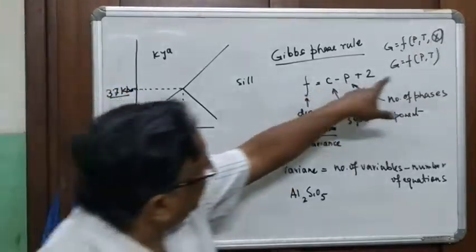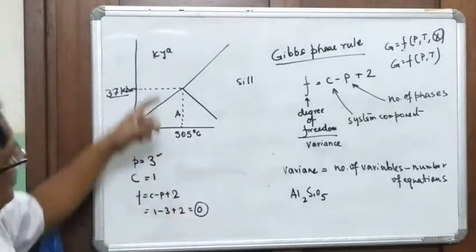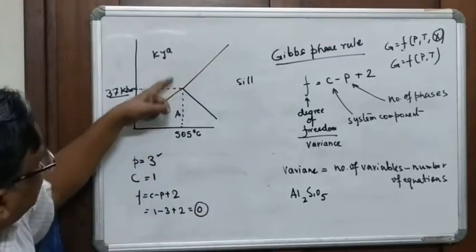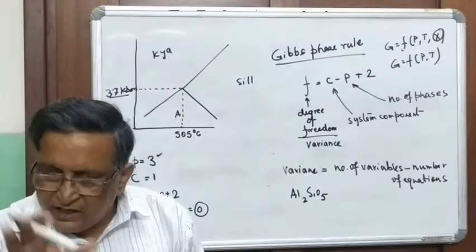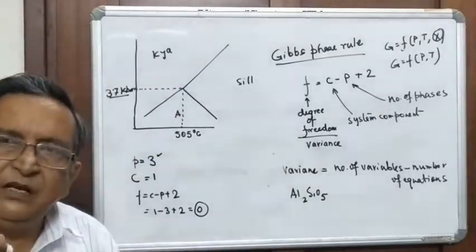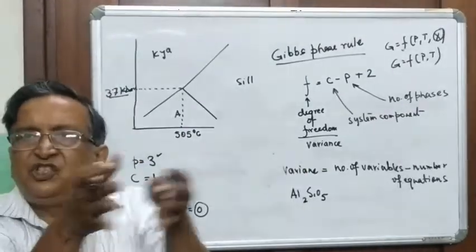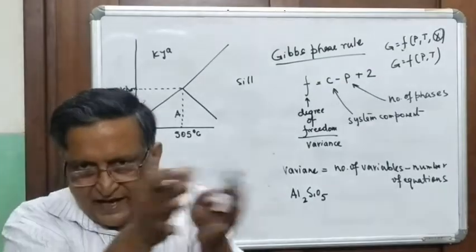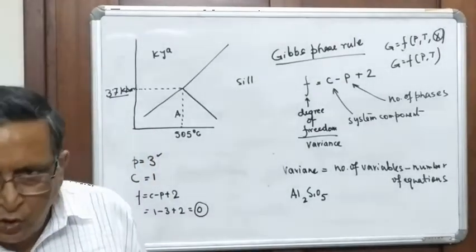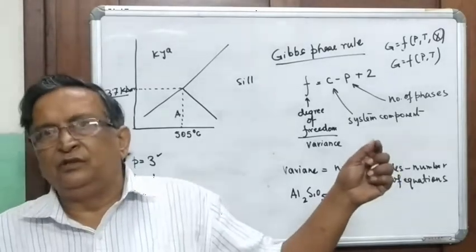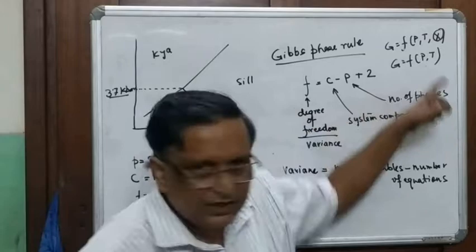Now every phase has a particular G value. Say along this line, kyanite is equal to sillimanite, they are in equilibrium. Equilibrium means G sillimanite is equal to G kyanite. That means delta G, the difference of kyanite and sillimanite, is equal to 0. If so, then you have an equation for a pure phase where it's a function of pressure and temperature.